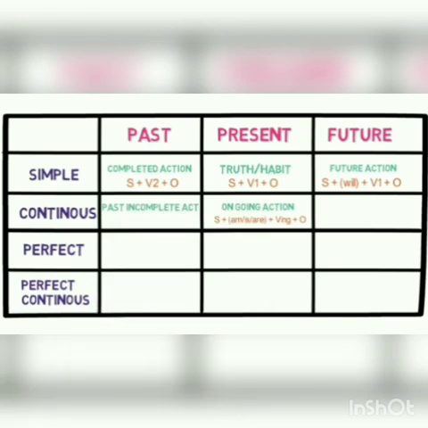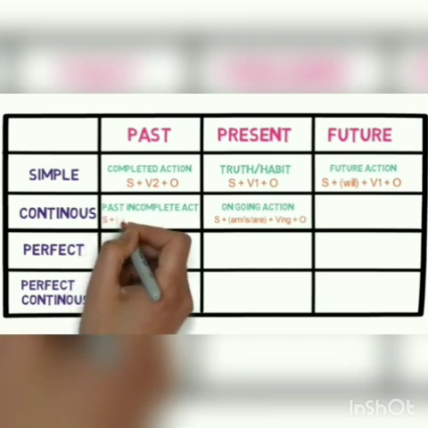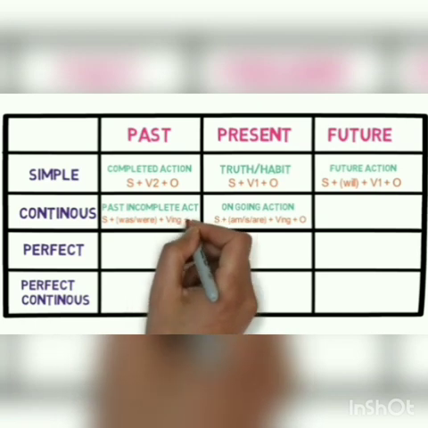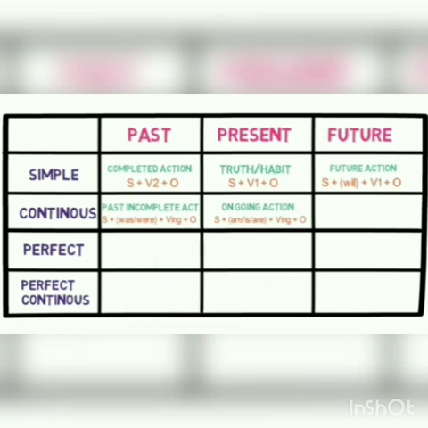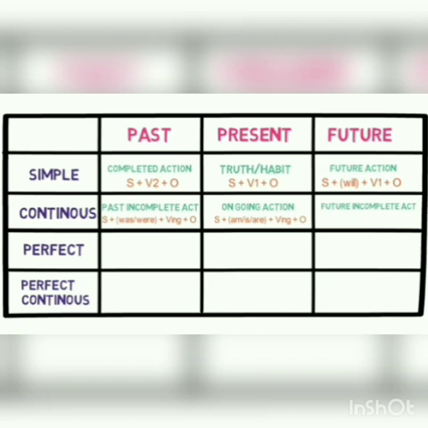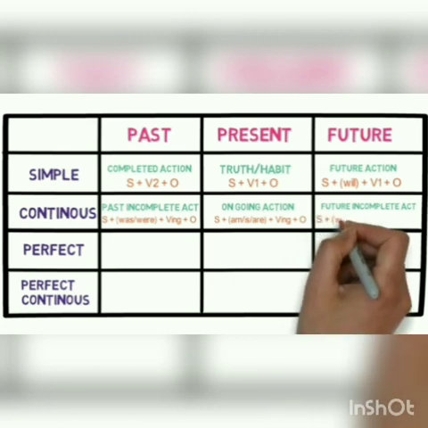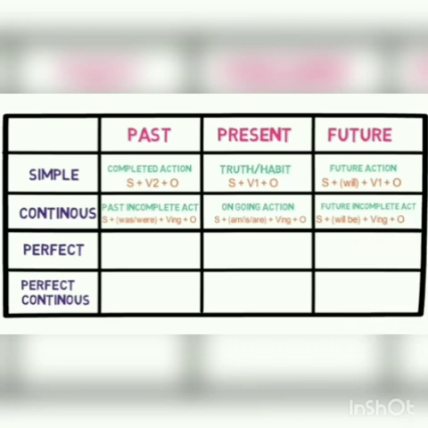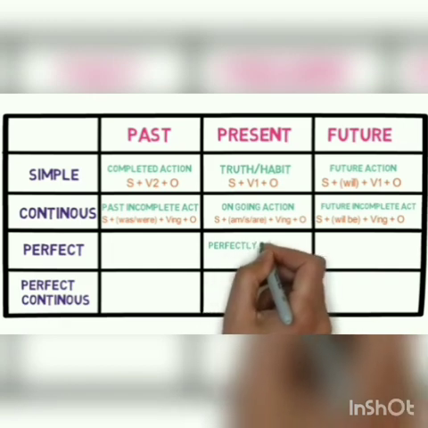It shows a past incomplete action and the structure is subject plus was or were plus first form of verb plus ing plus object. Future continuous. It shows a future incomplete action and the structure is subject plus will be or shall be plus first form of verb plus ing plus object.